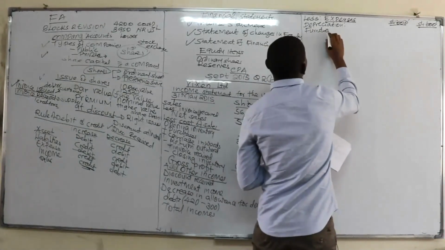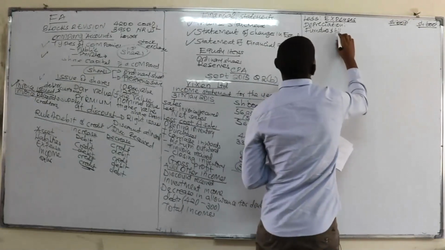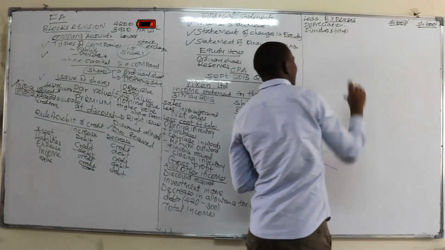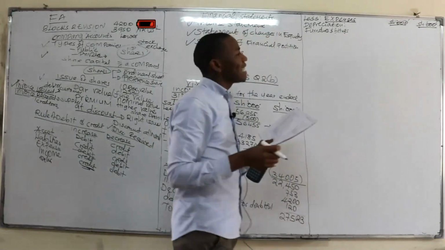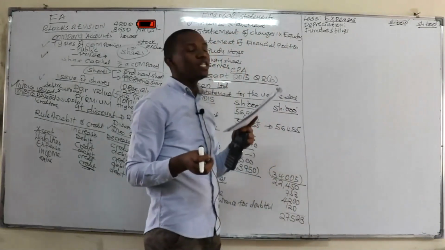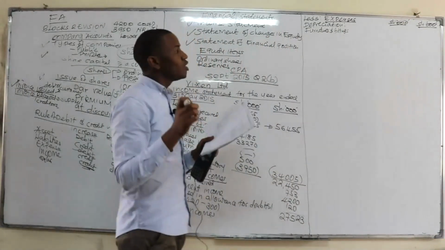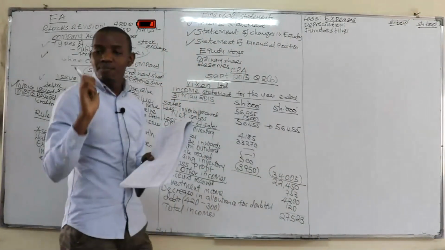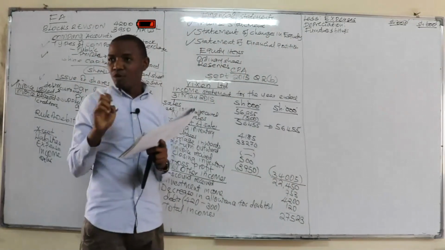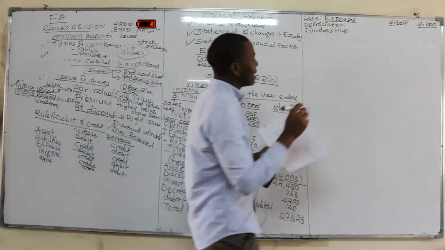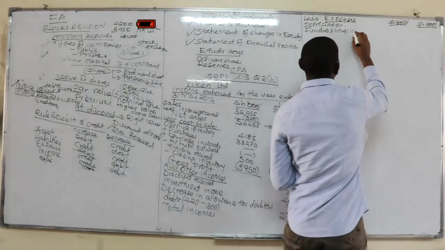Furnitures and fittings. Now for the furnitures and fittings, it is 10% reducing balance basis. So when we talk of reducing balance, I've said depreciation is on net book value. So in that case, I will just take 10%.